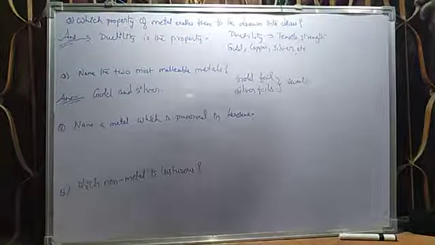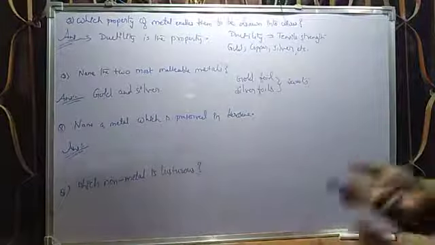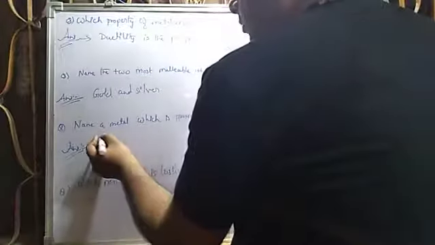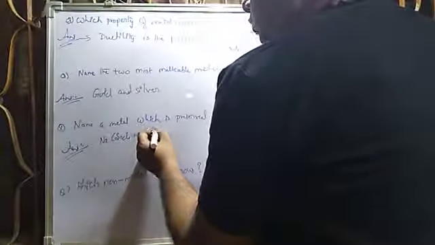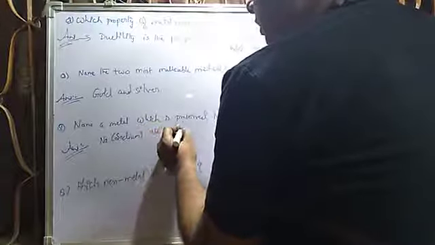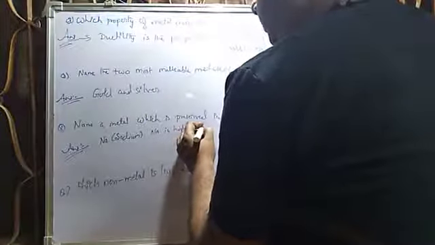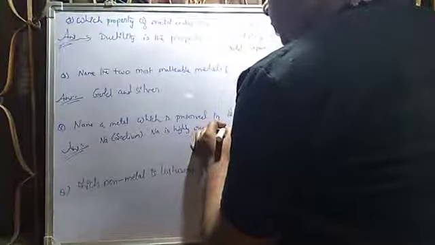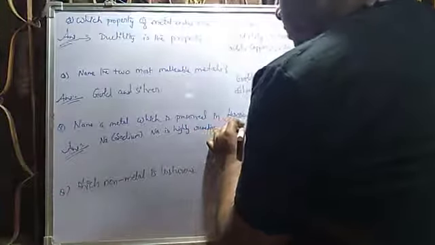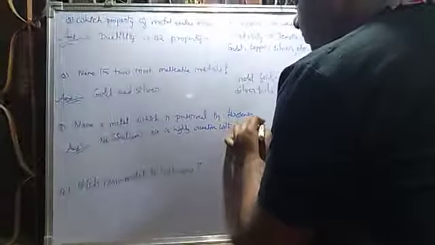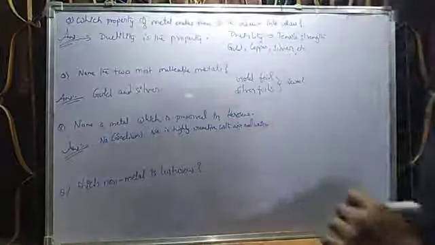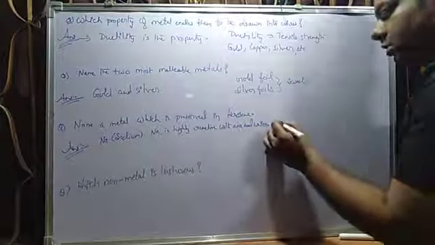Next question asks: name a metal which is preserved in kerosene and explain why. The metal which is preserved in kerosene is sodium. What is the reason behind it? Sodium is highly reactive with air and water, hence it is preserved in kerosene.